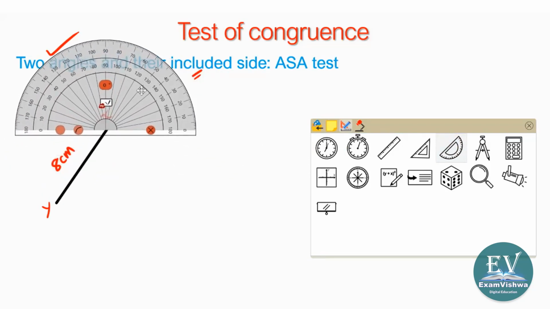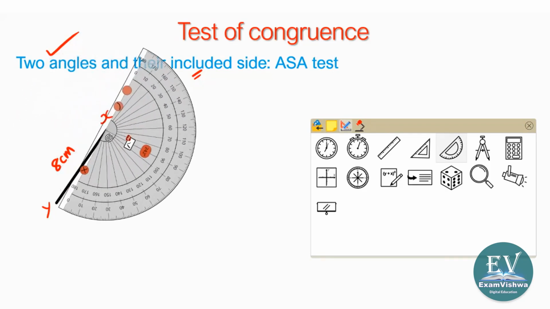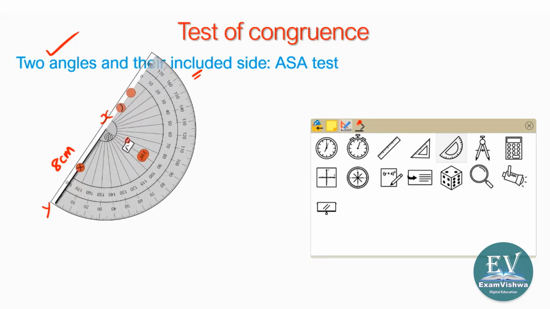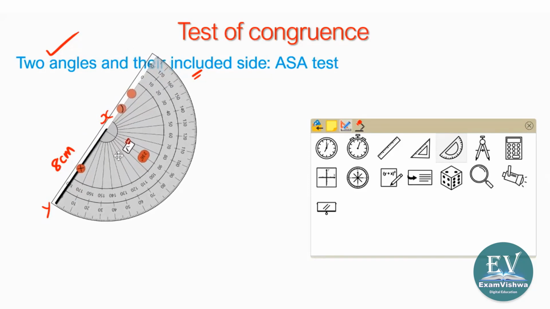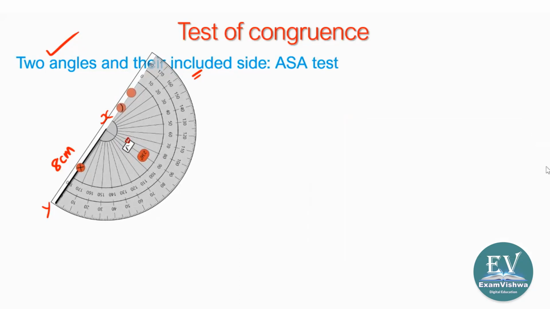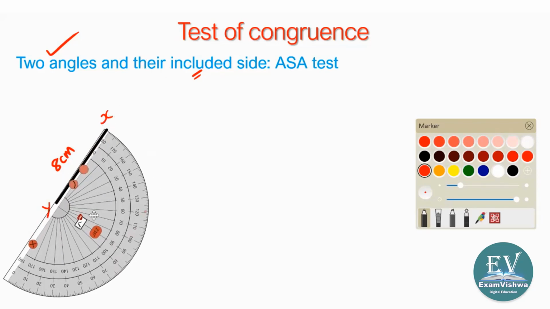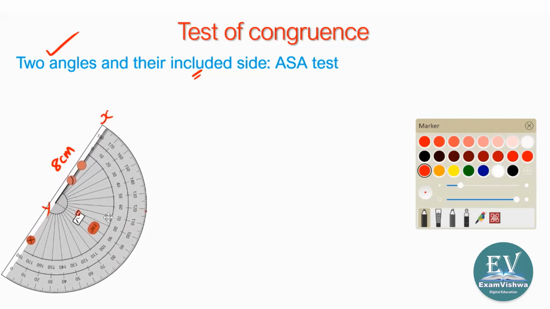If I am drawing an angle here, I need to rotate this in such a way that if I take a 60 degree angle over here, and I should also consider what way I should have this side angle.